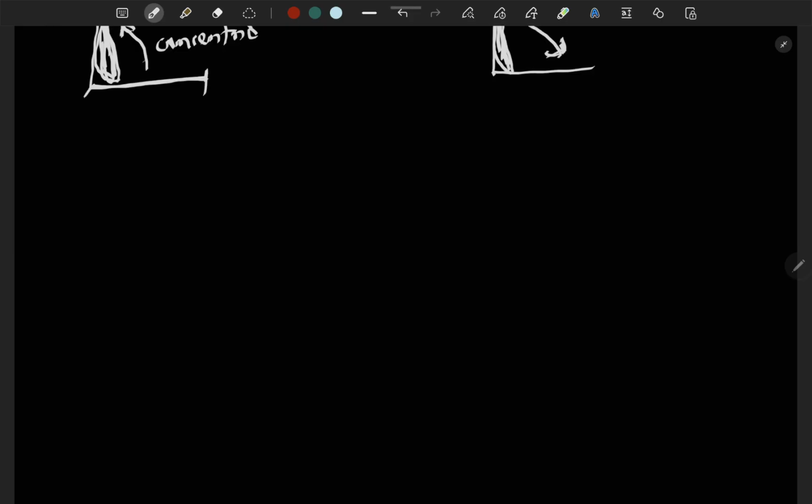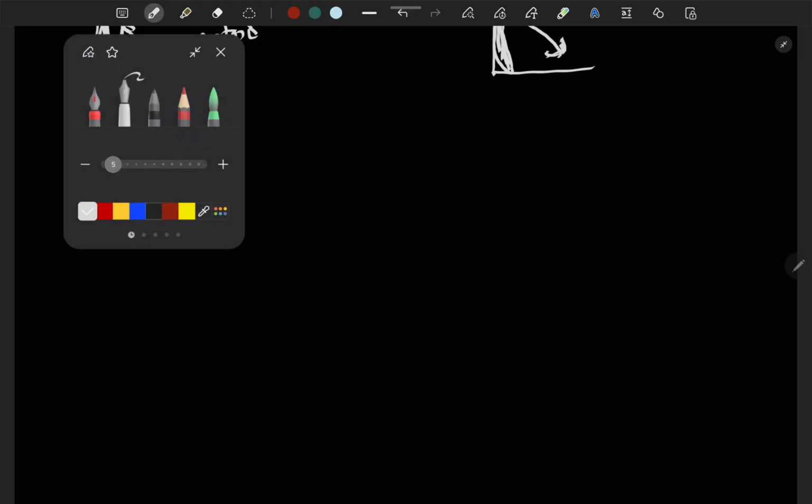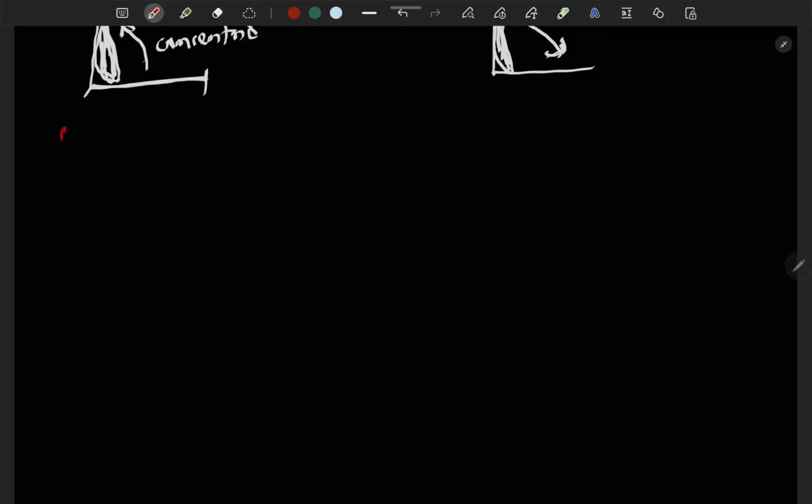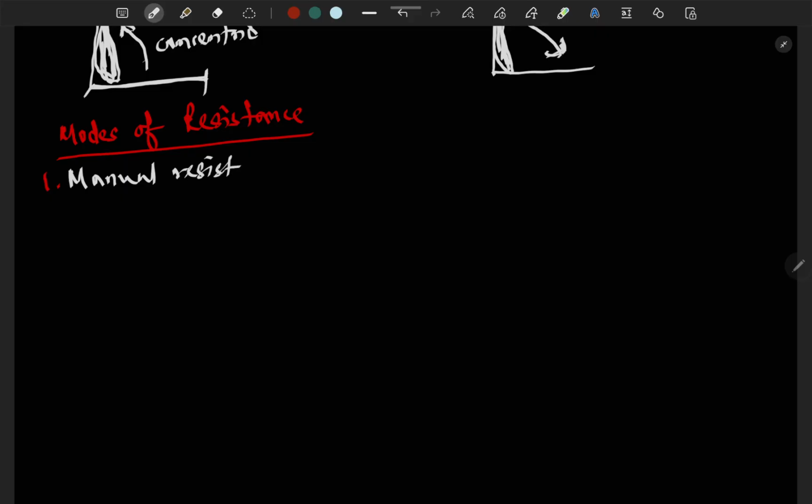now we'll know the modes of resistance application. What are the modes of resistance? One is manual resistance.